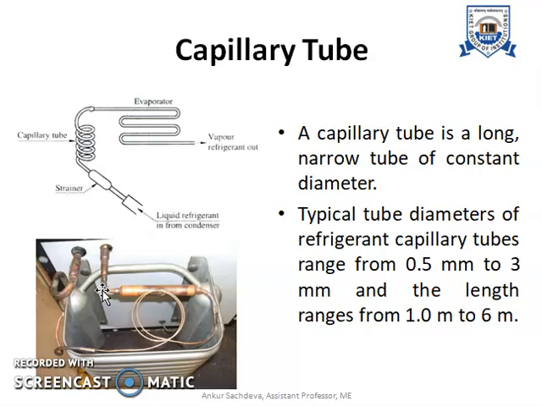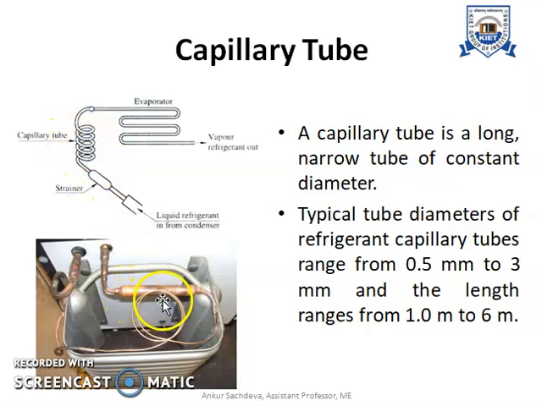Here the upper one shows the schematic diagram of the capillary tube, and the lower one is a picture of the capillary tube. As you can see from the upper one, the capillary tube has a very small diameter and a comparatively large length, and it is generally in the form of a coil.